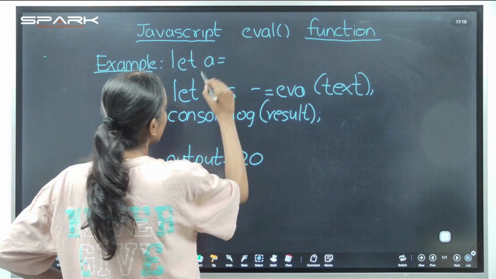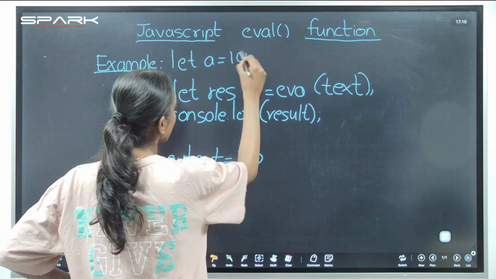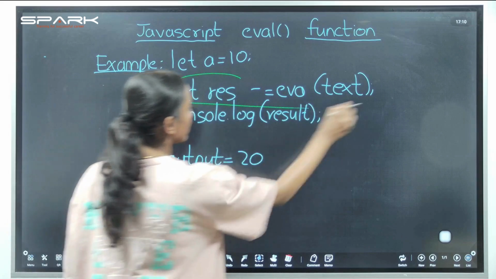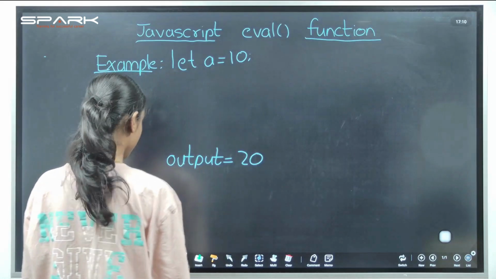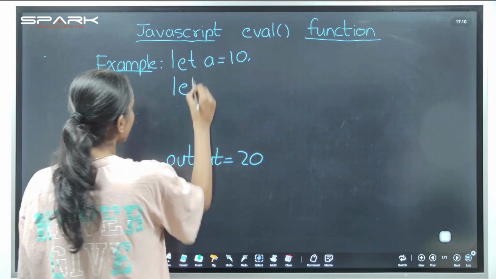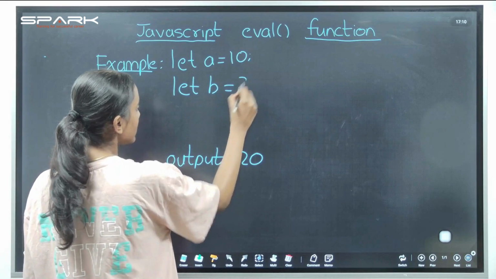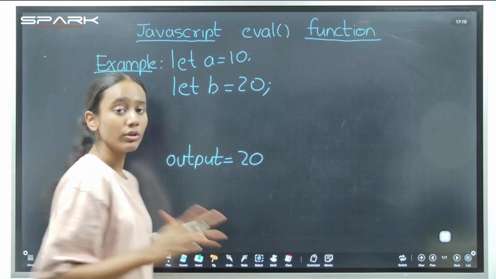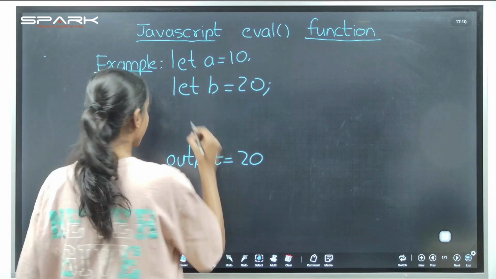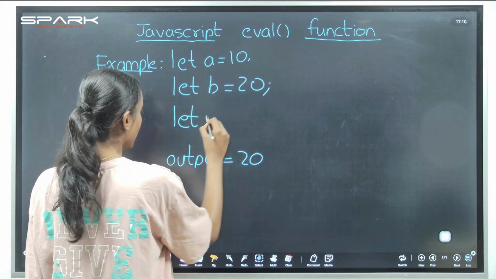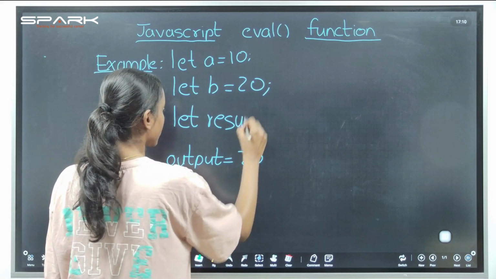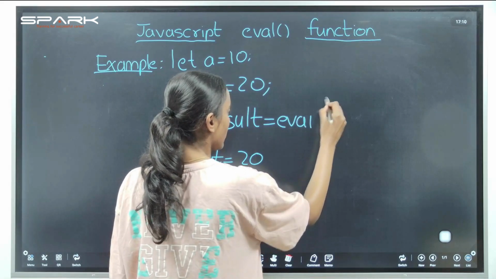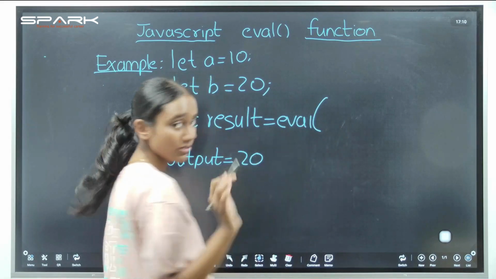I've created a variable a and passed 10, and then I created another variable b with 20. Then I'll pass both variables as a string in the eval function. So let result is equal to the eval function, and we'll pass this as a string now.